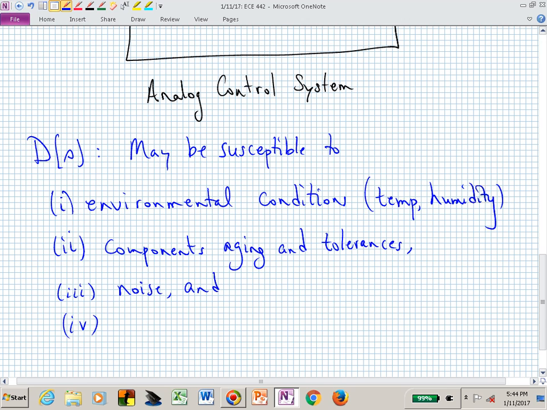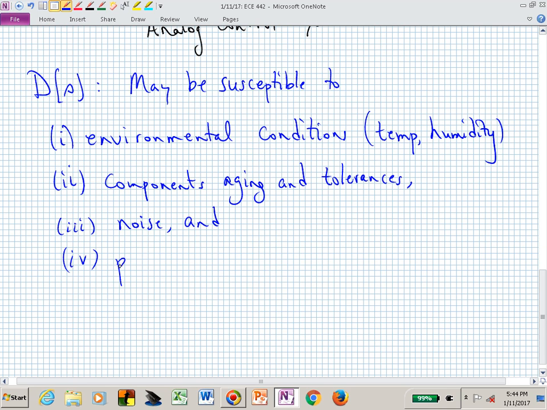Noise could be getting into the analog system, and the parameters that make that up, the R's, the L's, the C's that are in that D of S, may drift or be expensive or unreliable.